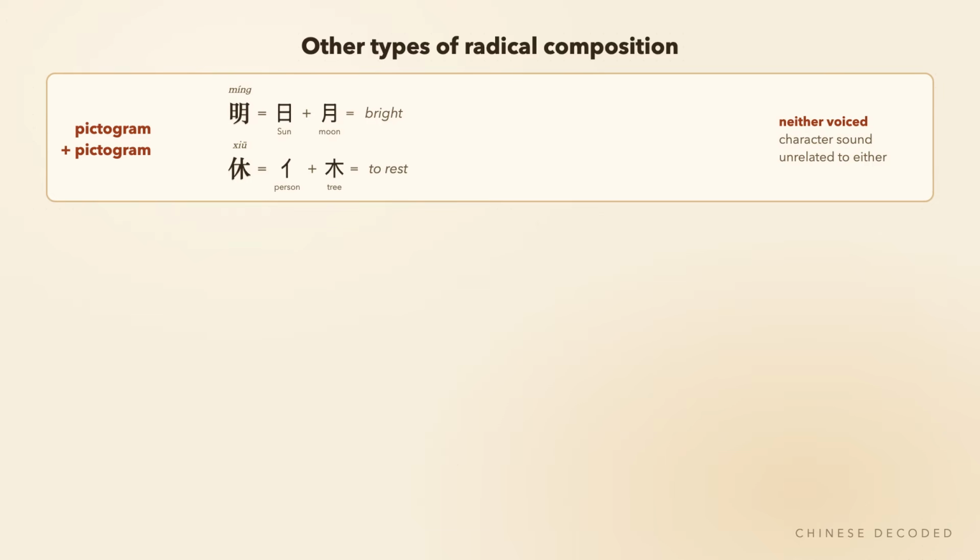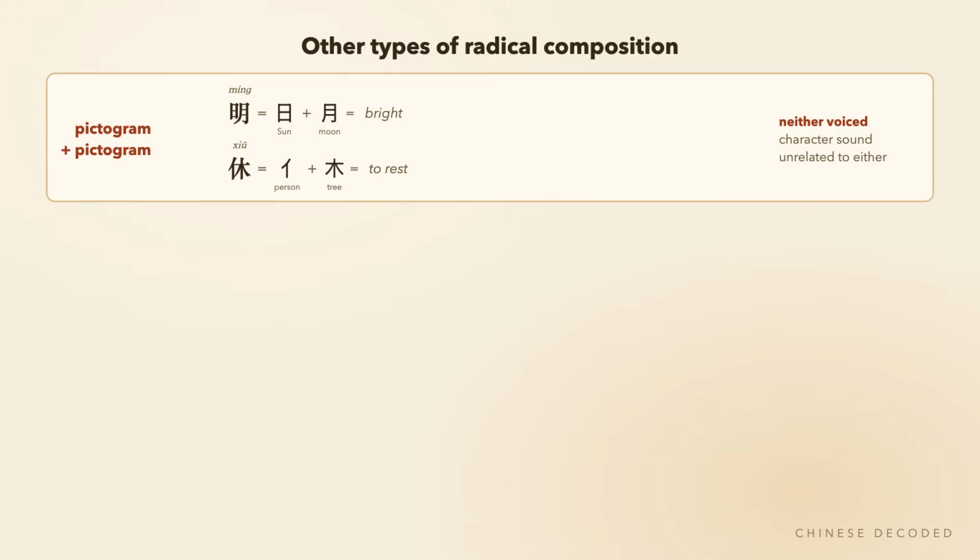From this common case, let's map out the other types of radical composition. First, pictogram plus pictogram, meaning the sun and the moon together, bright, xiu, a person leaning against a tree to rest. This is the classic semantic composition that textbooks teach. Ironically, it is a very small class.